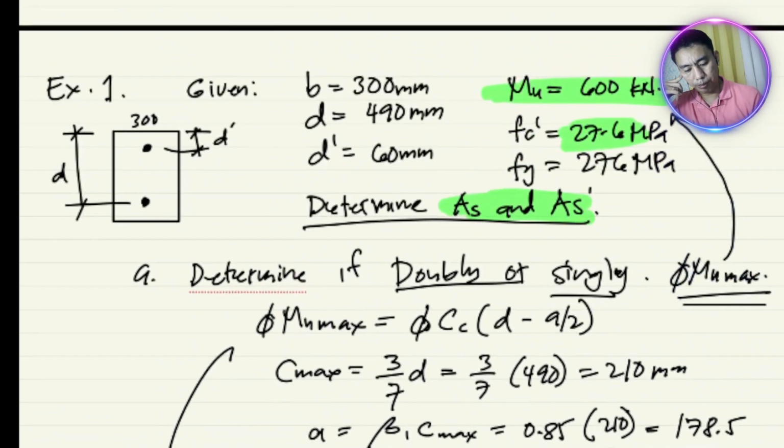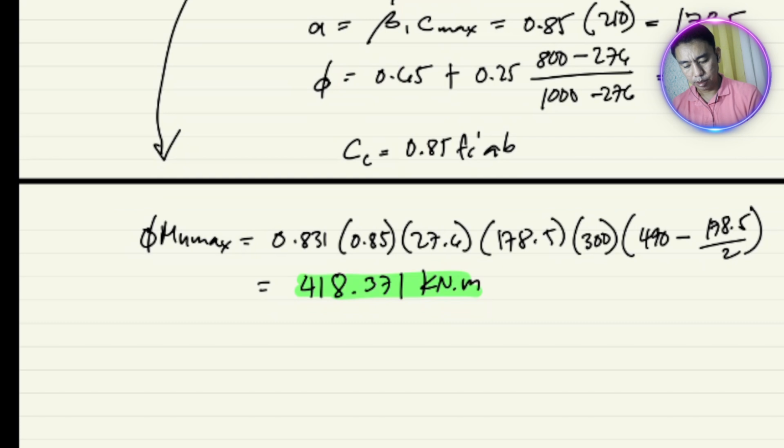Okay? So this one is 418. Now you need to compare that to our Mu, 600. If you write that, phi Mn max is less than Mu. Okay? So meaning, yung section ng singly reinforced concrete natin is not enough for the actual load Mu.